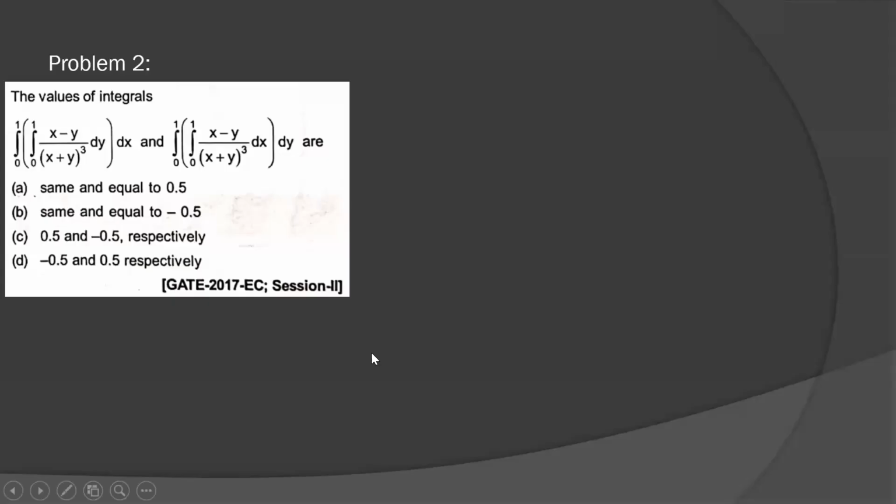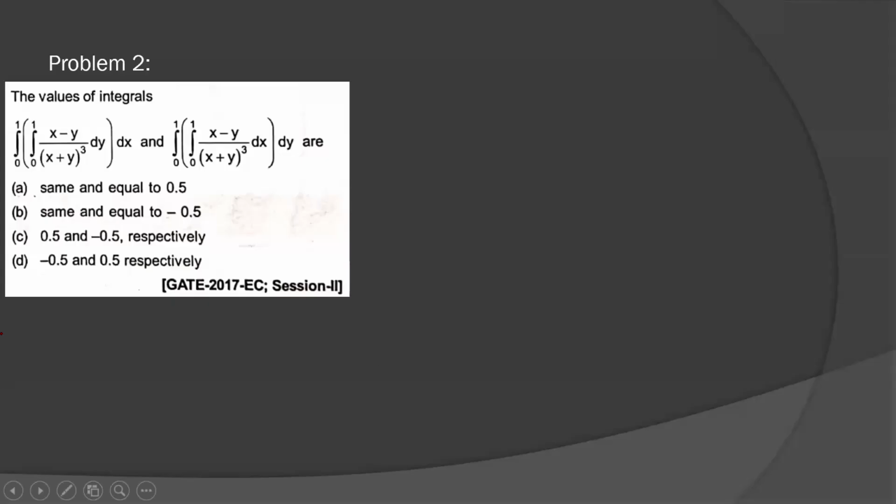Let's see the second problem. The values of the integral from 0 to 1, from 0 to 1, of x minus y over x plus y cube dy dx, and from 0 to 1, from 0 to 1, of x minus y over x plus y cube dx dy. Firstly, we have to integrate with respect to y, then we have to integrate with respect to x. Let's see the solution.